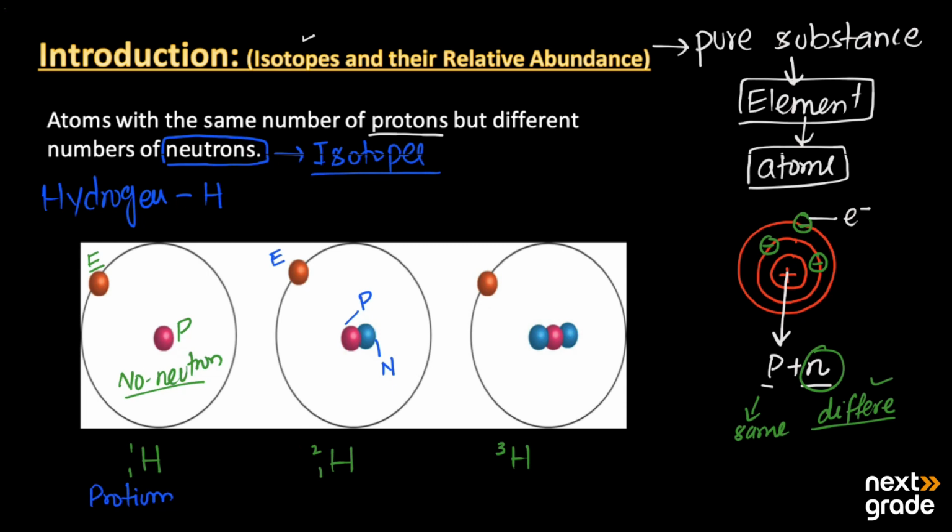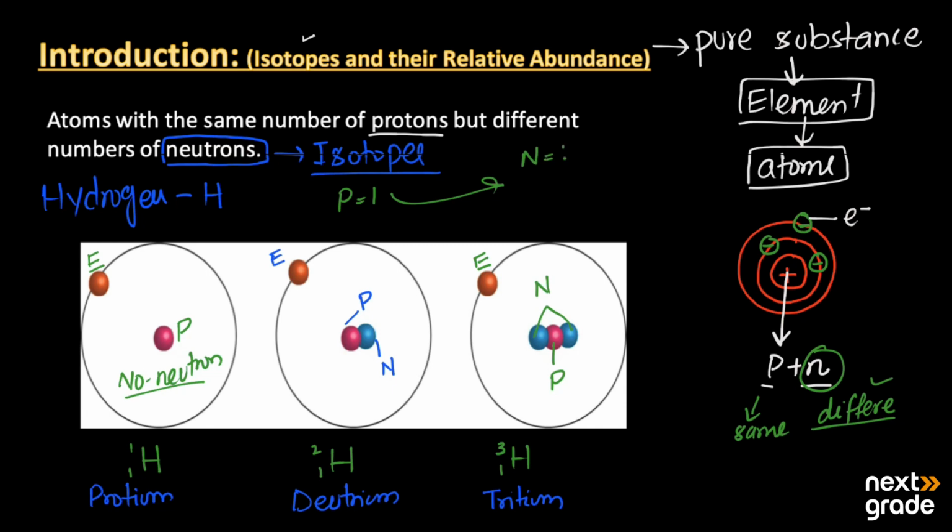This is the second isotope of hydrogen, and its name is deuterium. The third isotope of hydrogen is tritium, which has one electron, one proton and two neutrons. So in all of them the proton number is equal to 1, but they differ in the number of neutrons.